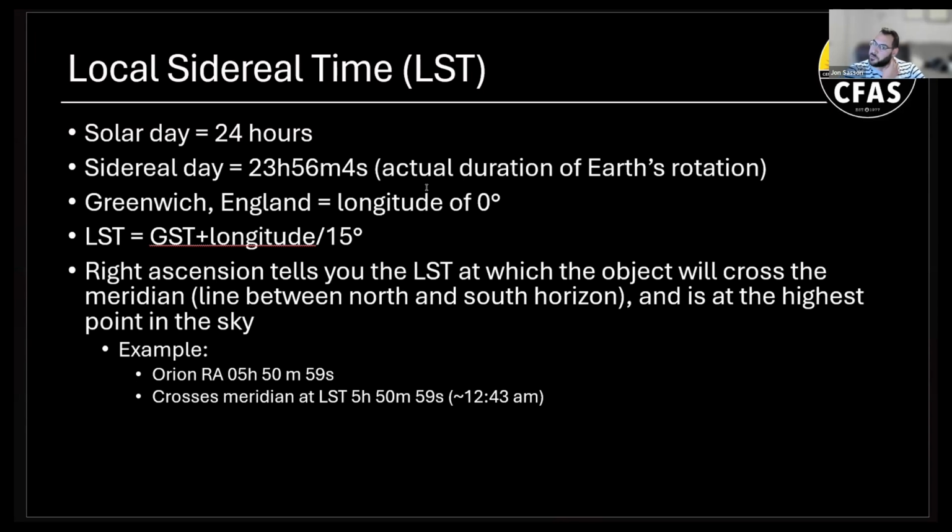And that's the actual duration of Earth's rotation, going around once. And it's also the reason why every 4 years we have a leap year, right? Because we have to account for this difference between 24 hours and 23 hours, 56 minutes, 4.1 seconds. Otherwise, our seasons over time will just be out of whack and not when we expect them to be.